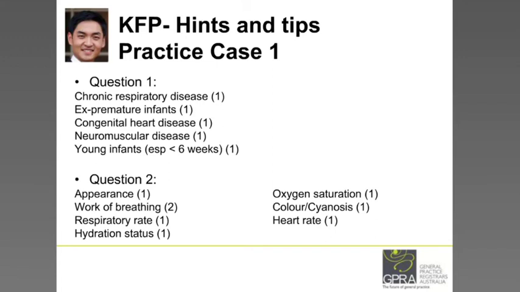It may certainly be valid, but in terms of what they're looking for, you need to give them their specific answers. That'll be the same in the actual exam as well.